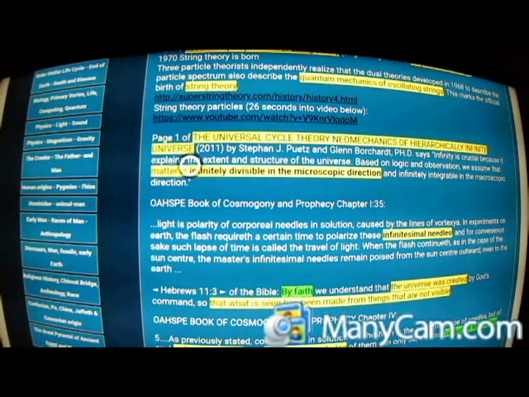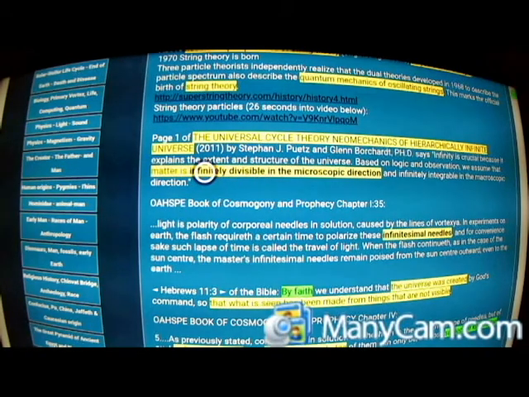Oahspe Book of Cosmogony and Prophecy, Chapter 1, verse 35. Light is polarity of corporal needles in solution, caused by the lines of vortexia. In experiments on Earth, the flash requireth a certain time to polarize these infinitesimal needles. That correlates with matter is infinitely divisible in the microscopic direction.